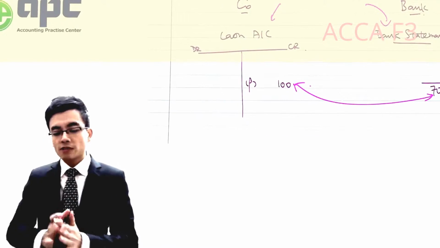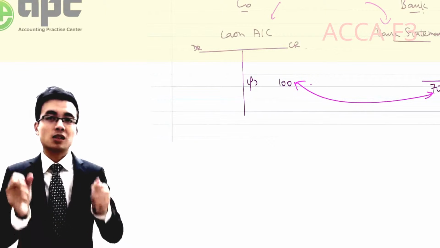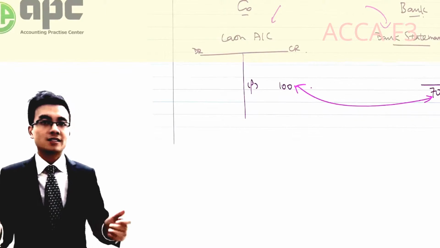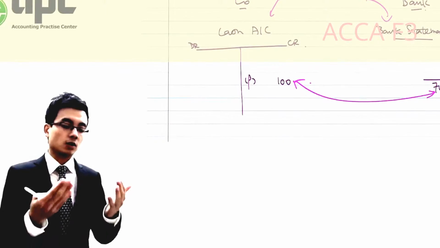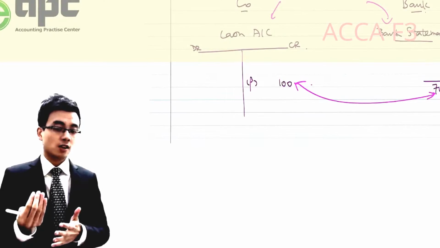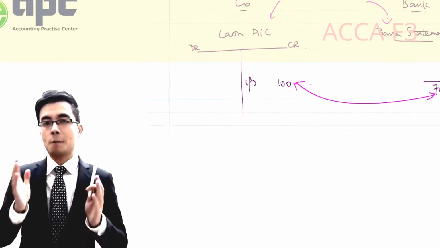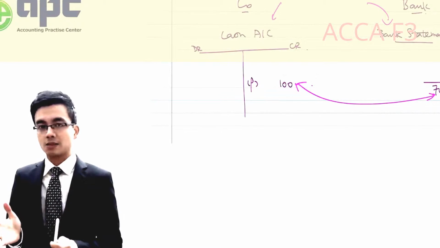If we reconcile the cash account on the left hand side, that's called the error correction. It's simply because we've made some errors within our cash account, within our company, so we're going to correct those errors. If we reconcile the bank statement, that's called the bank reconciliation statement.